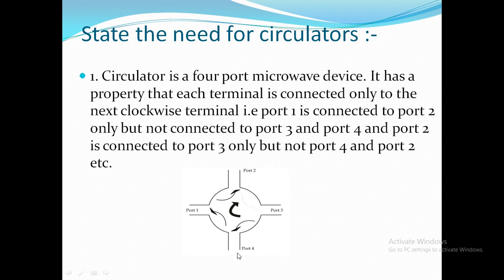The transmitted waves from port 3 are circulated through port 2, which is connected to the antenna, while the received signal from the antenna is circulated through port 1 and given to the receiver. The remaining port 4 is used for measurement purposes. In this way a common antenna is used with the help of the circulator.